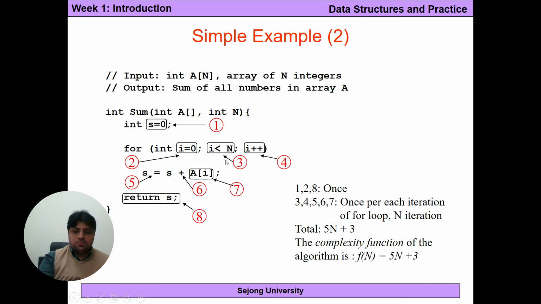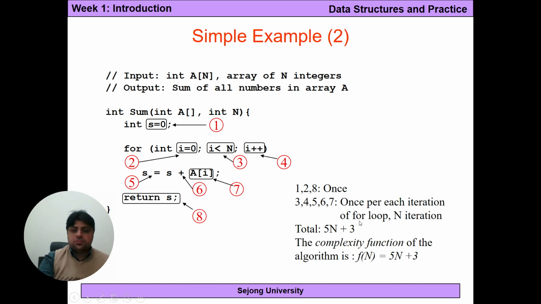So these 5 operations are executed once per each iteration of the for loop. There would be a total of n iterations, so the total would be 5n plus 3.